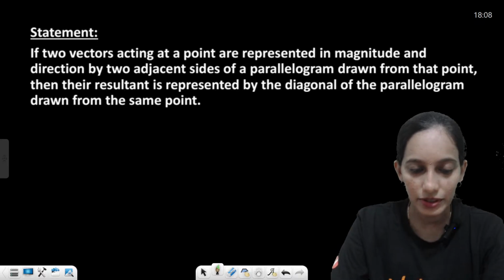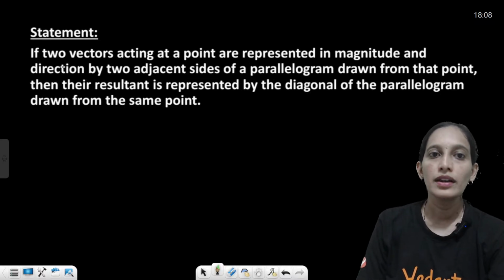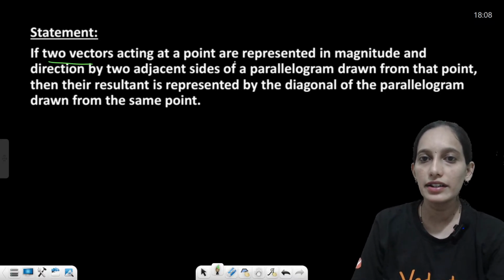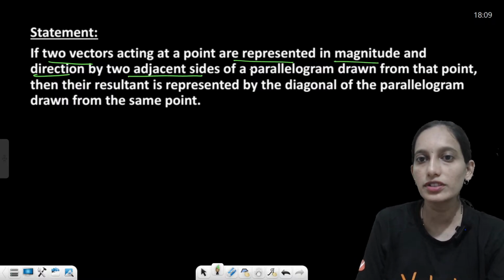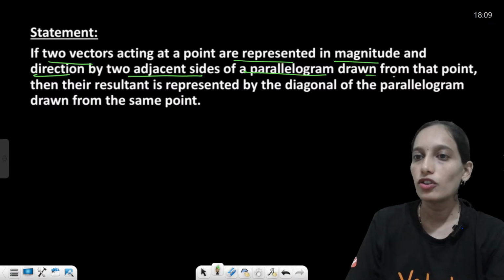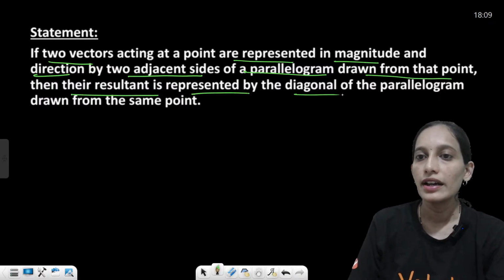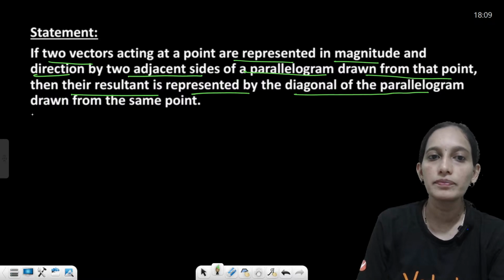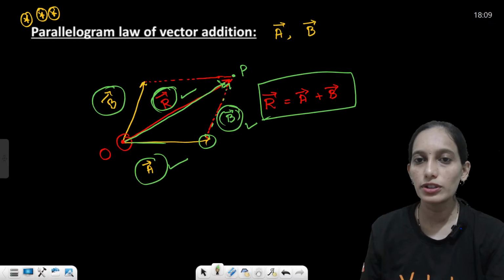Okay. So coming to the statement, which is again important for your 2 mark question: if two vectors acting at a point are represented in magnitude and direction by two adjacent sides of a parallelogram drawn from that point, then their resultant is represented by the diagonal of the parallelogram drawn from the same point. So we can just refer to the previous diagram.